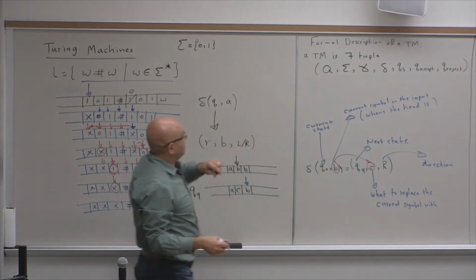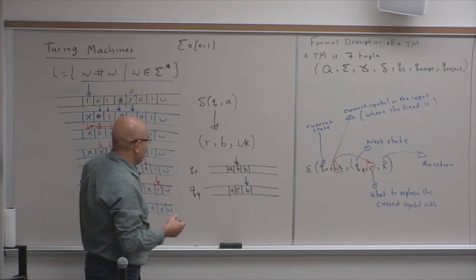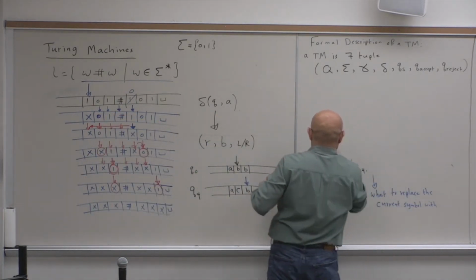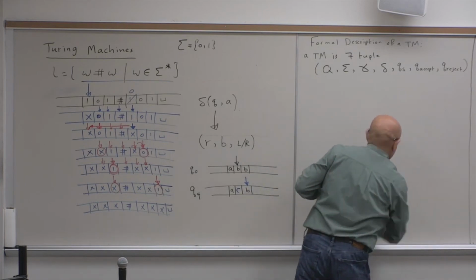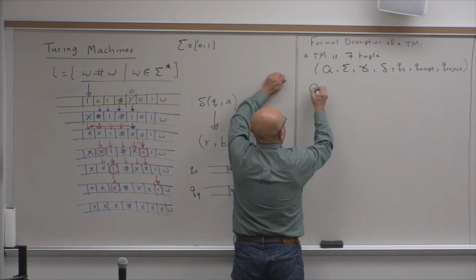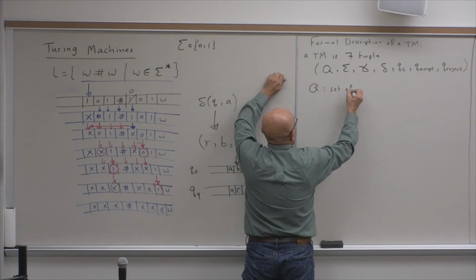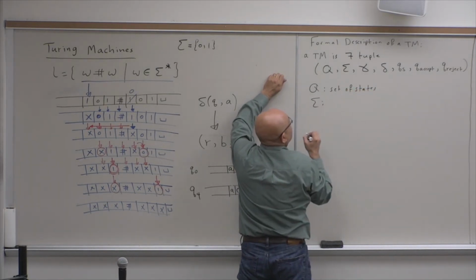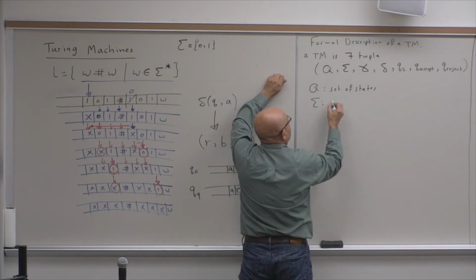Now, we are familiar with everything, in fact. Q is a set of states. Sigma is the input alphabet.